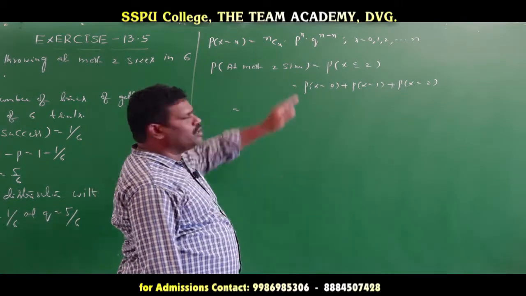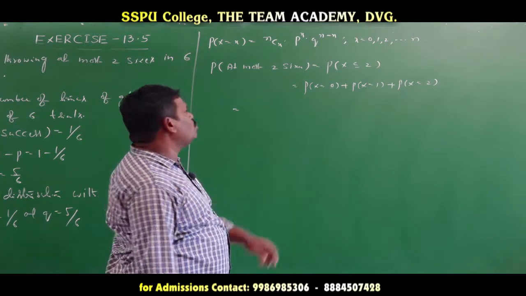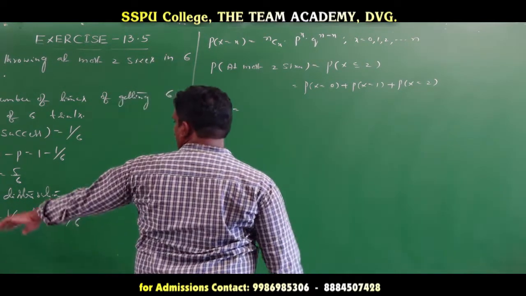Now to calculate these three probabilities, first the probability of X is equal to 0. In the above formula we substitute x is equal to 0 and n is equal to 6.